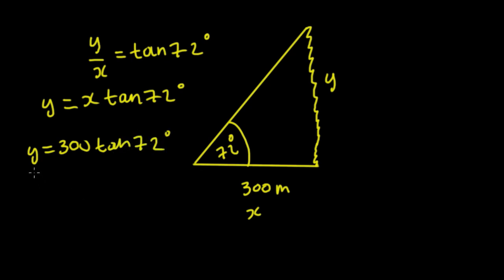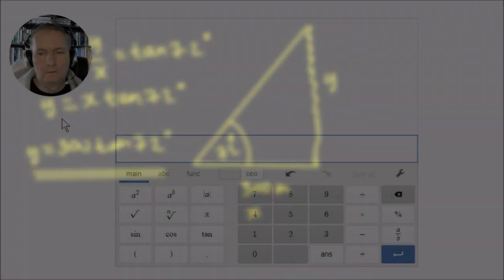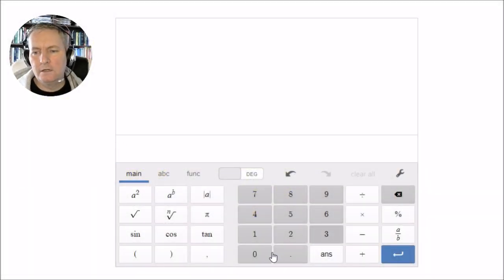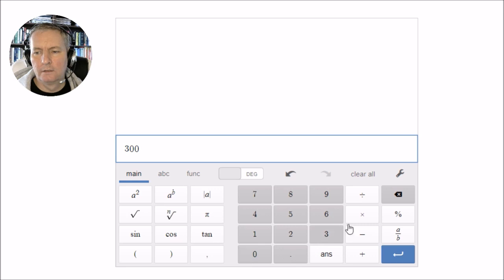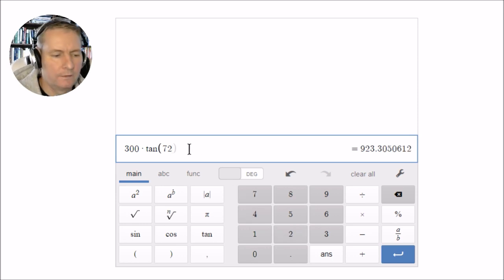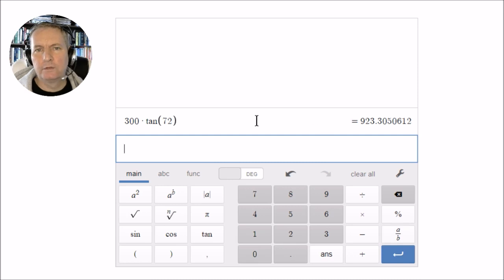So we've got to go and put this into our calculator and see if we can get the height of the mountain. So go ahead and do that now. So we're going to have 300 times the tan of 72 degrees. And there's a final answer there. The mountain is going to be 923 meters high.